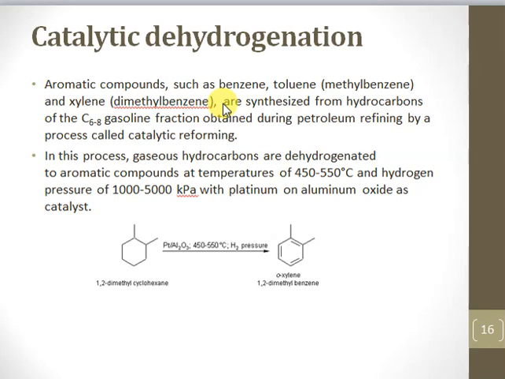So what we do is we get these hydrocarbons and first we cyclize them. The conversion of straight chain hydrocarbons into cyclic hydrocarbons is called catalytic reforming. The interesting thing about catalytic reforming is that a 6 carbon straight chain will cyclize to form a 6-membered ring.